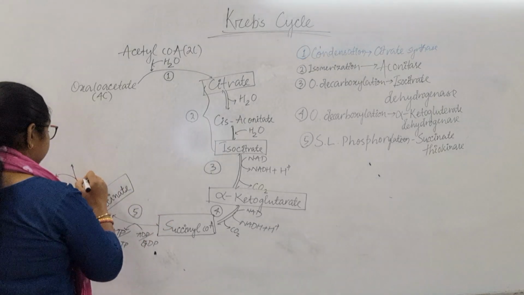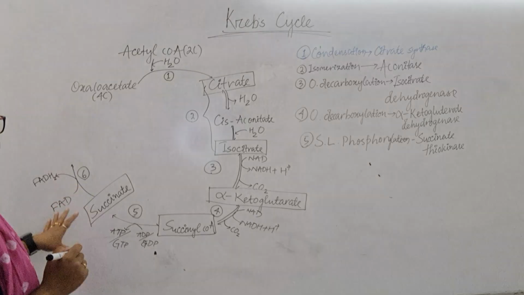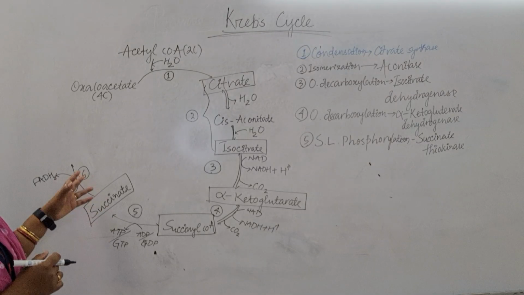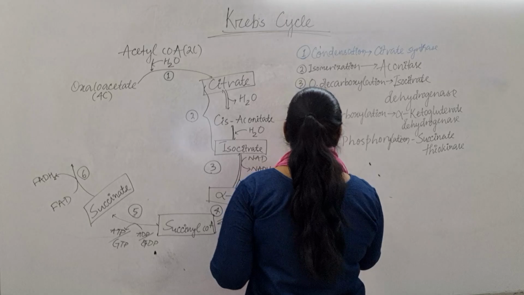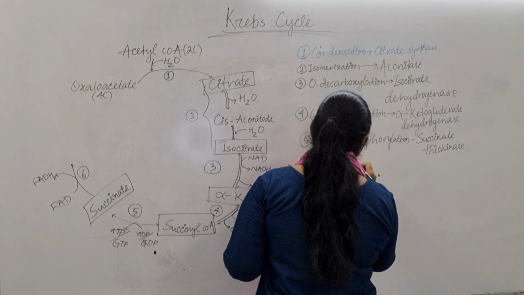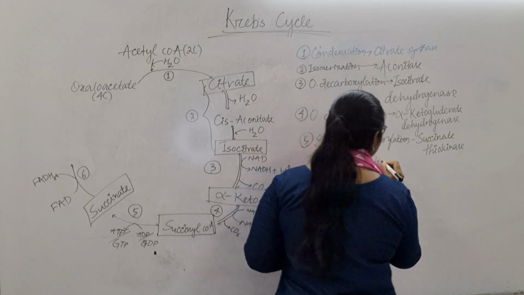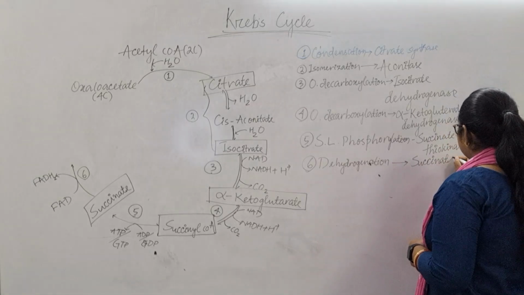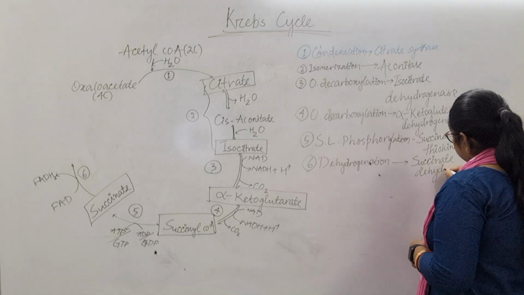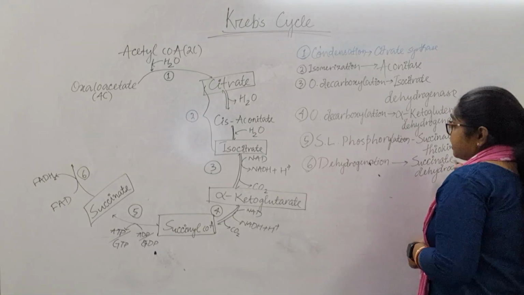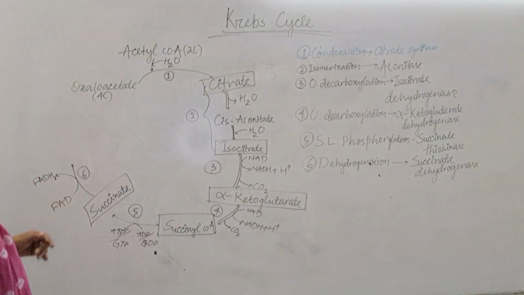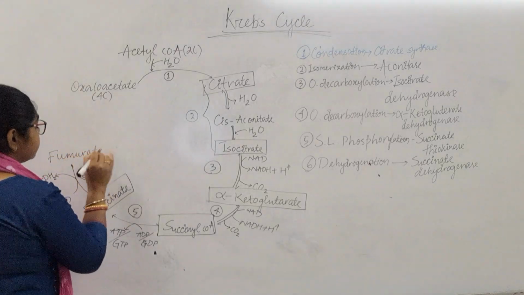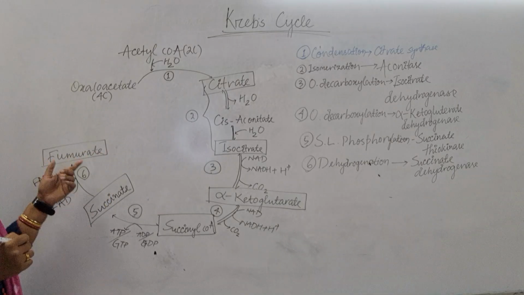This sixth step is a dehydrogenation process, and the dehydrogenation is catalyzed by succinate dehydrogenase. So here it removes FADH2, and the final product after the sixth step is fumarate. The succinate converts to fumarate.